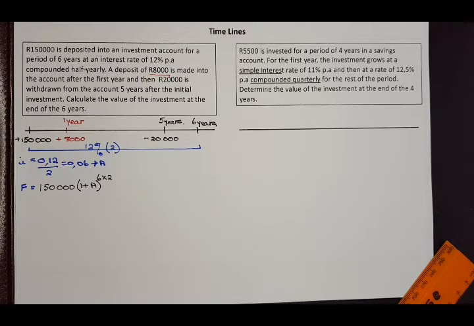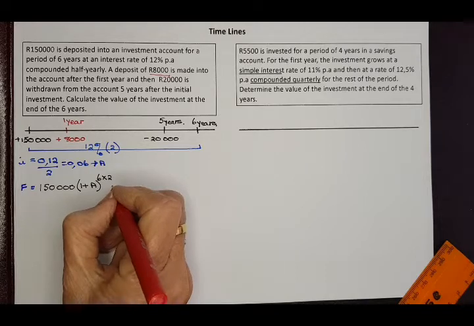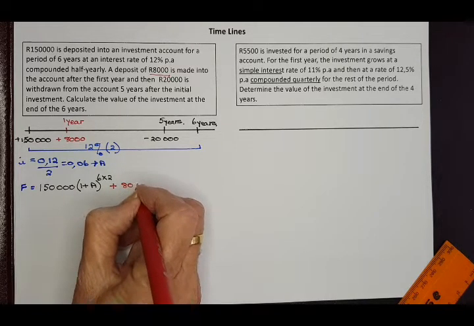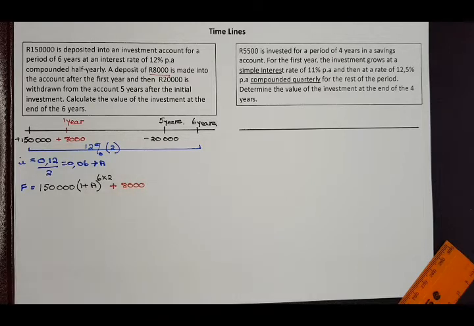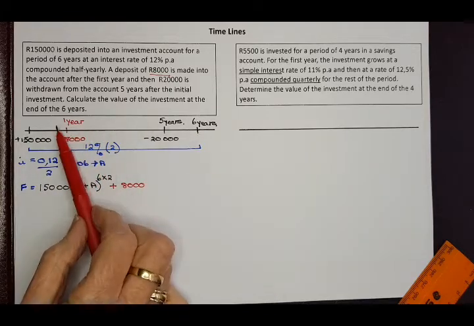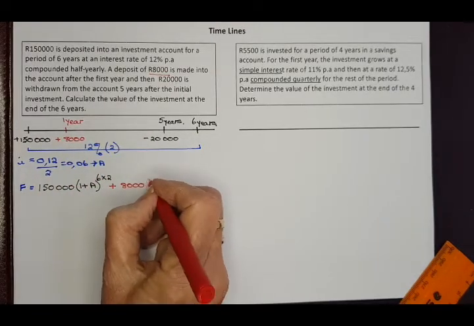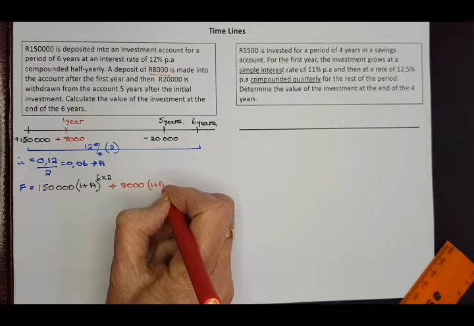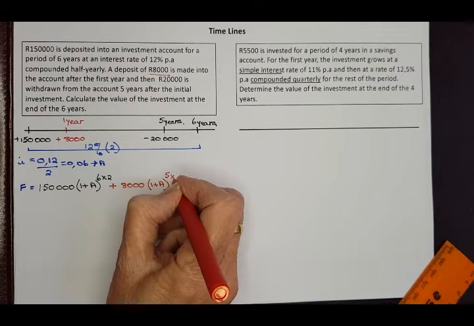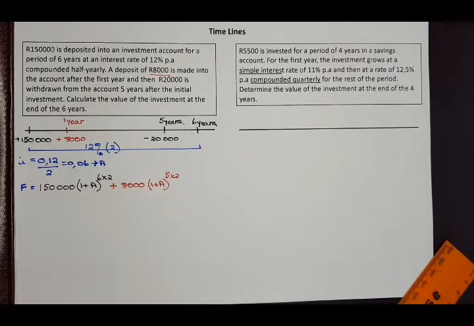Then it's as though you go into the bank and you make a completely separate transaction. You are now depositing your 8,000 Rand, and that 8,000 Rand is going to sit in the bank for a period of 5 years. The interest rate is exactly the same. It's for a period of 5 years, and I am doing it twice a year.